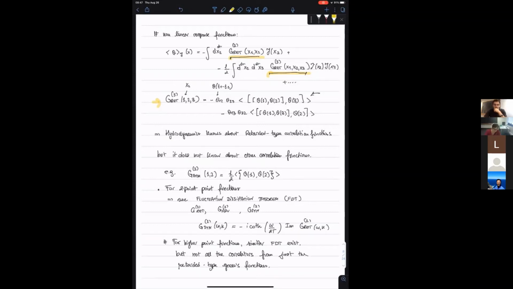So from these correlators here, in particular from these ones which appear at nonlinear order, you can get some of the symmetric correlation functions, which will be similar to this one, where the commutator is replaced with the anti-commutator, but you will not be able to get all of the correlation functions. So this is a little bit of a drawback. Hydrodynamics is not encoding all the correlation functions when you go to higher order in the nonlinear response theory.